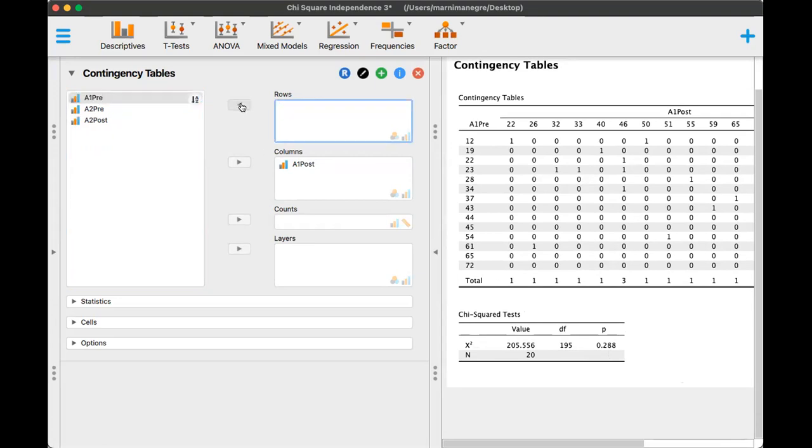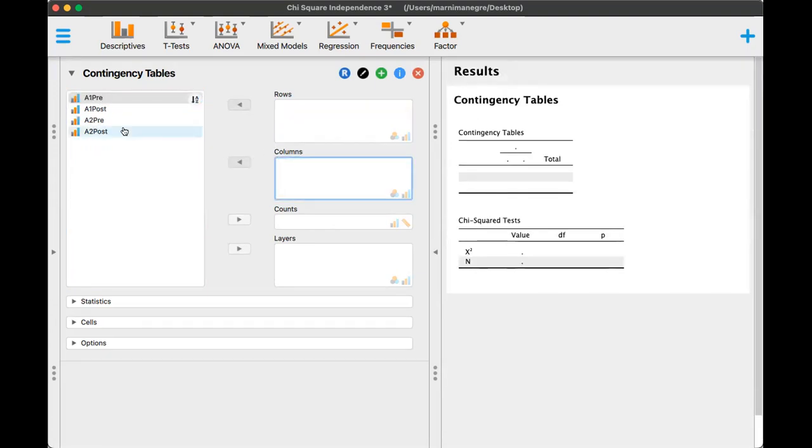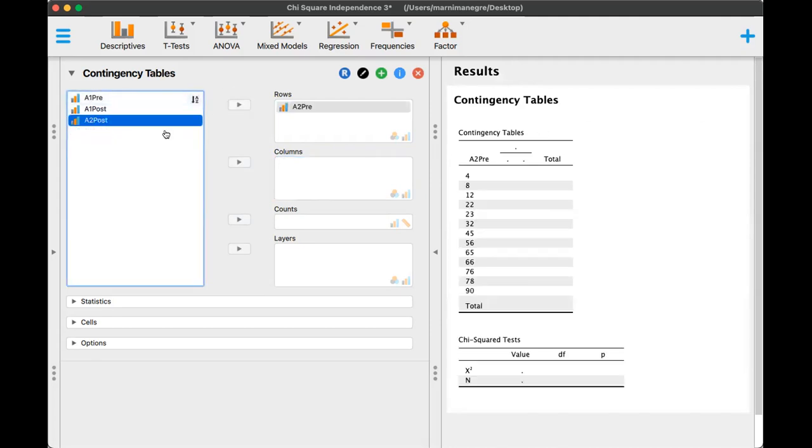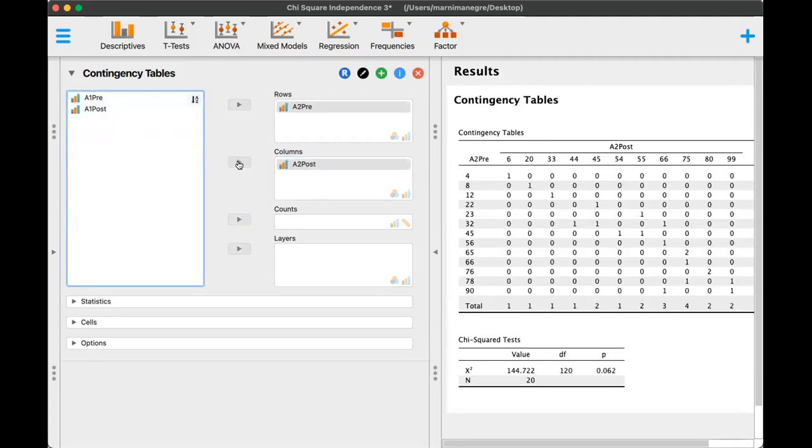Now let's look at the other participants, the A2 participants, pre-test to post-test. And again, there is no significant difference in the pre-test to post-test for the A2 participants.